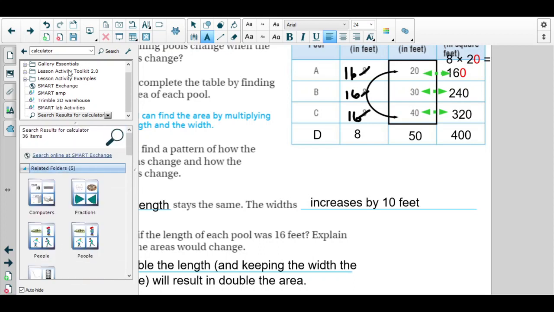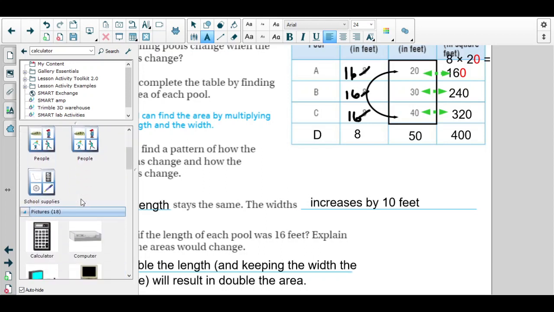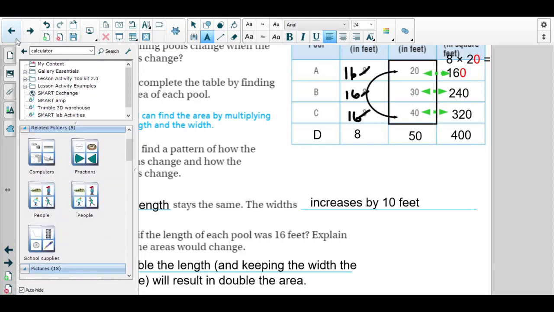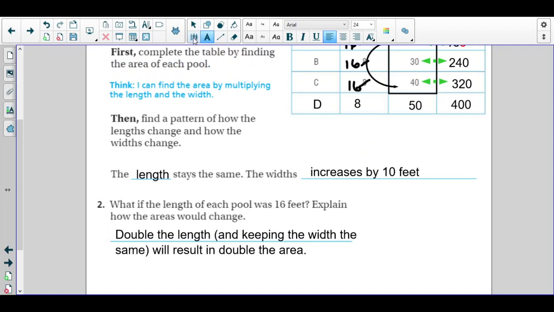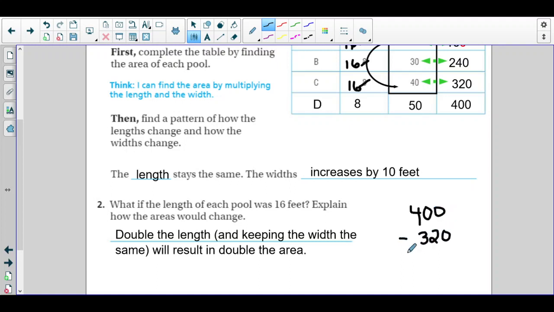But I don't think I'm going to be able to find it. So I'm going to have to do this the old-fashioned way. Got 400 minus 320. And that is going to give me 80.